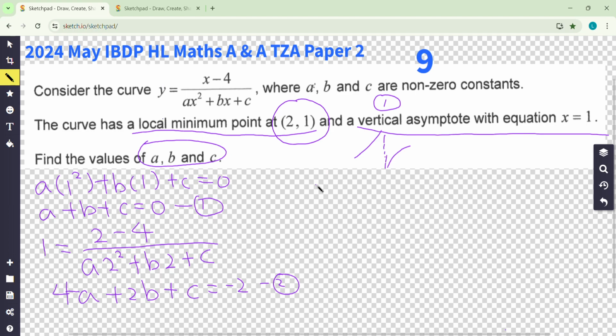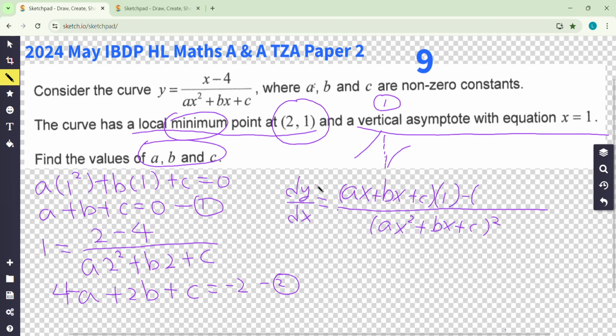So for the minimum point, differentiate it, okay? The first derivative is 0, so dy/dx equals 0. Very complicated, but relax, okay? Use the quotient rule. Copy the denominator, and remember, copy the denominator, differentiate the numerator first, and the numerator differentiation is easy, just 1.